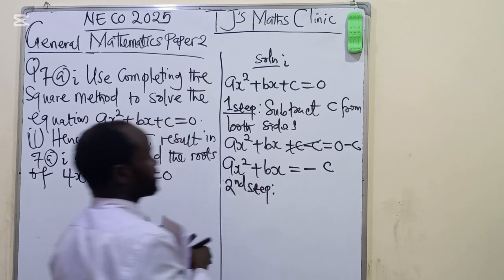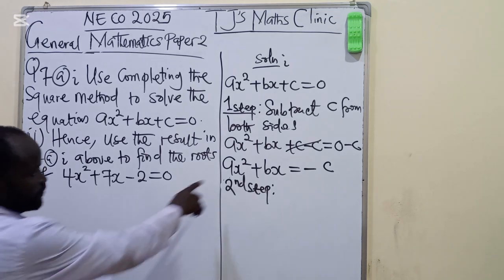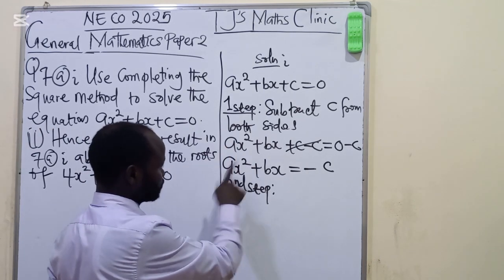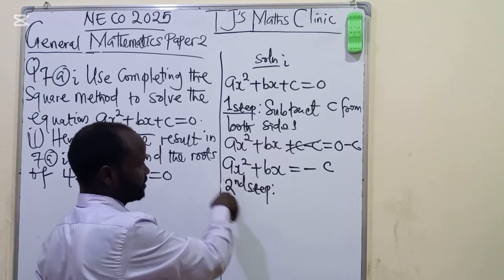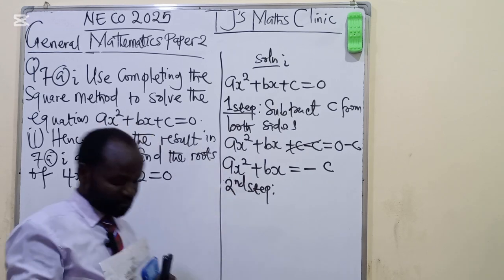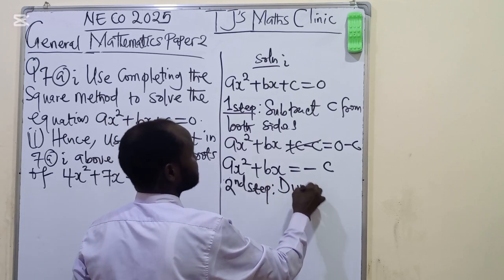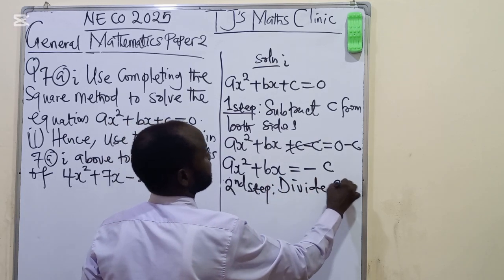The second step is going to be, we check the coefficient of x squared. Is it unity? Is it 1? No, we have a. So it means we are to divide each term by the coefficient of x squared.